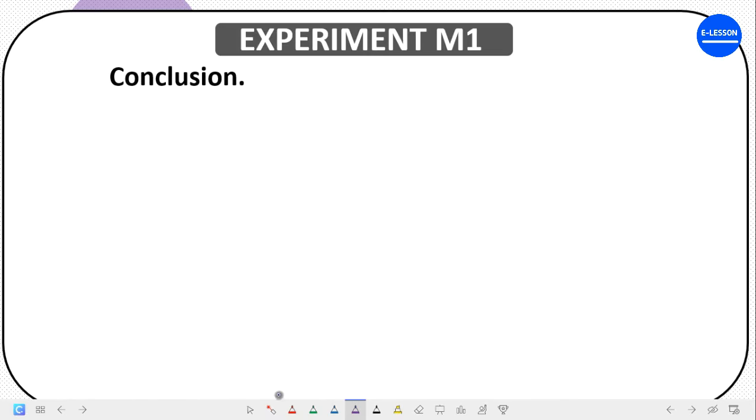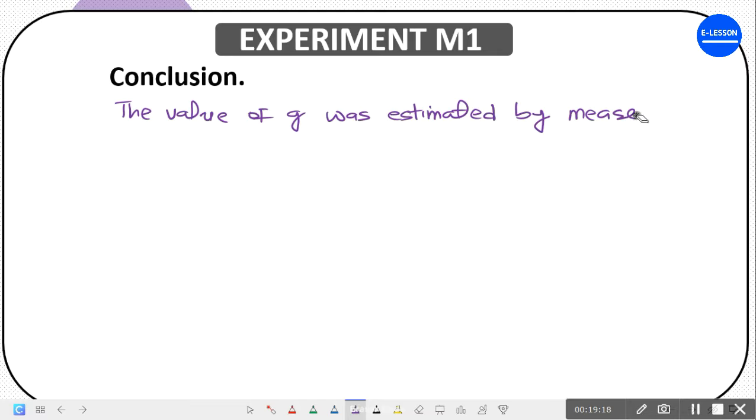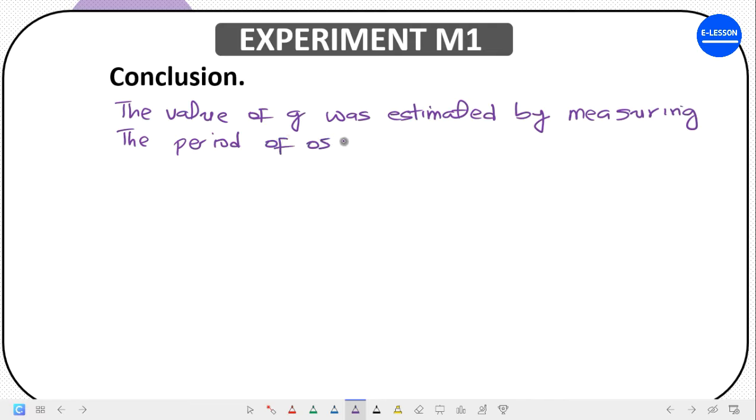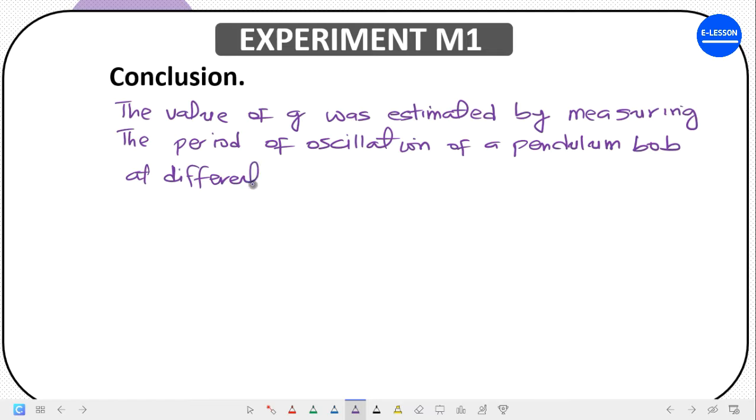Now, conclusion. What is the conclusion from this experiment? The conclusion is that the value of G was estimated by measuring the period of oscillation of a pendulum bulb at different lengths.